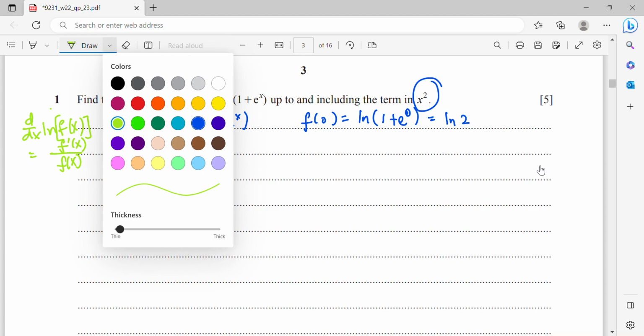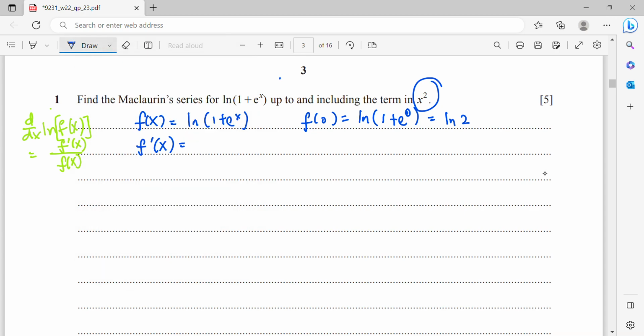So now, f prime x will be e^x over 1 plus e^x. When we differentiate 1, you get 0, and differentiating e^x gives e^x as well. Then the value of f prime 0: you will get e^0 over 1 plus e^0, which means it will be 1 over 2. That is your f prime 0.